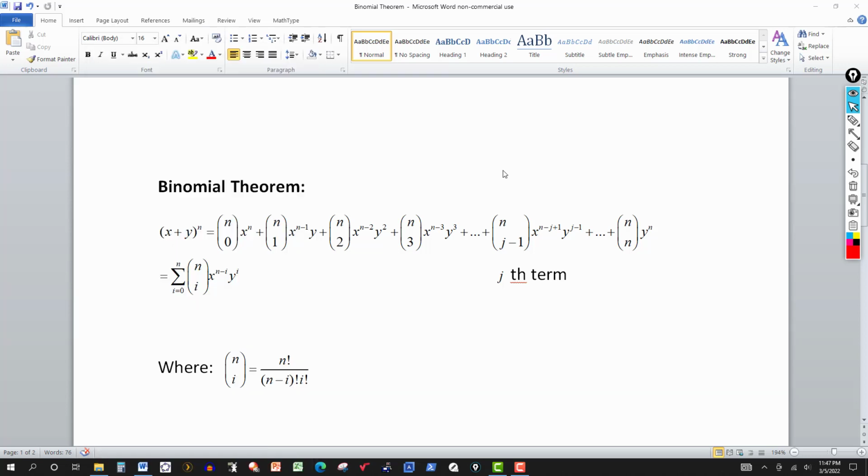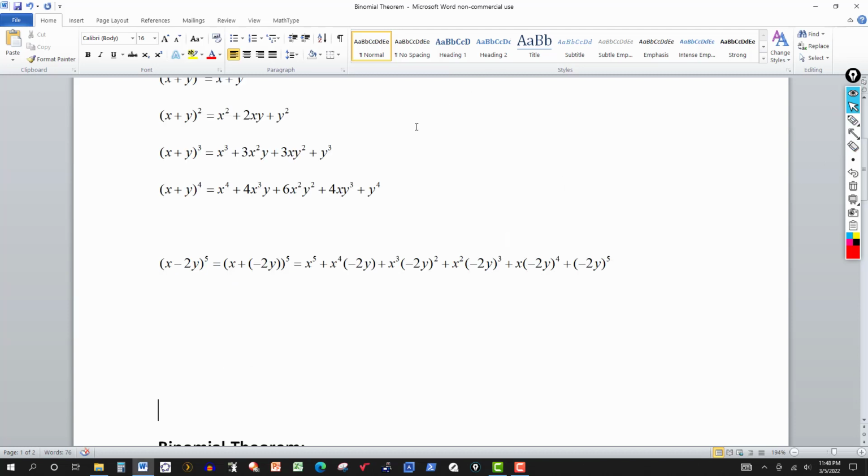Let's suppose, instead of using the formula, which we can get, let's suppose you wanted to compute x minus 2y to the 5th power, using what we've already talked about here, and not having to apply the actual binomial formula. So here's what works. Set it up like these over here.